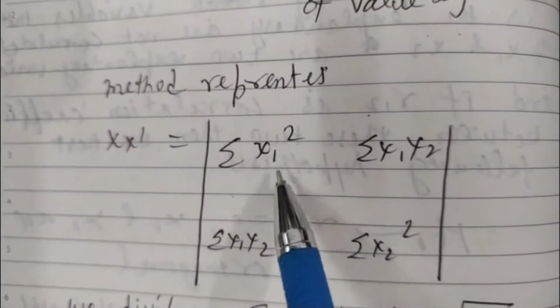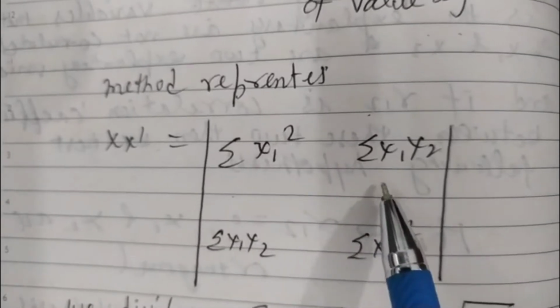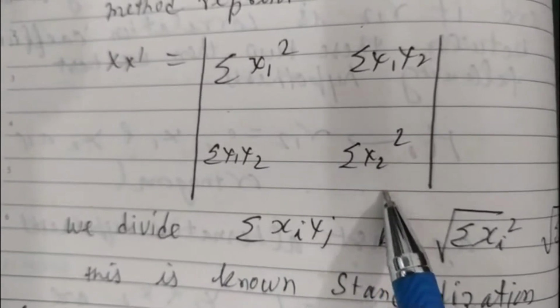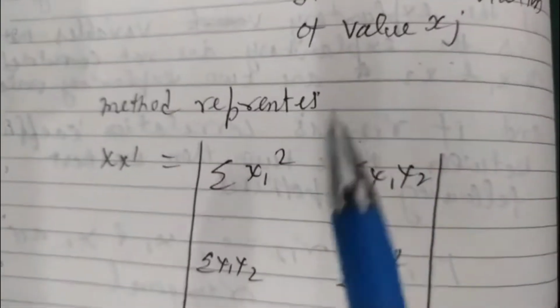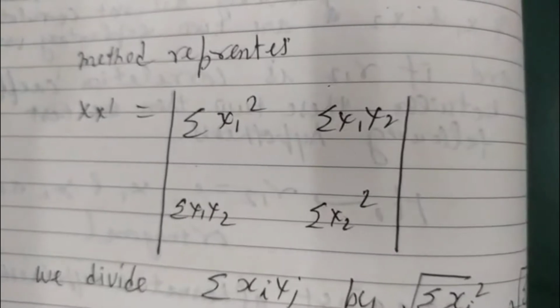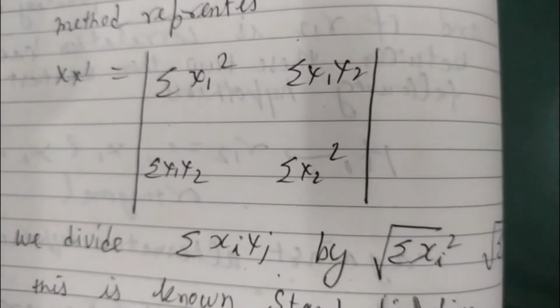X transpose X is equal to sigma x1 square, sigma x1 x2, sigma x1 x2, and sigma x2 square. We divide sigma xi xj by the square root of sigma xi square and sigma xj square.